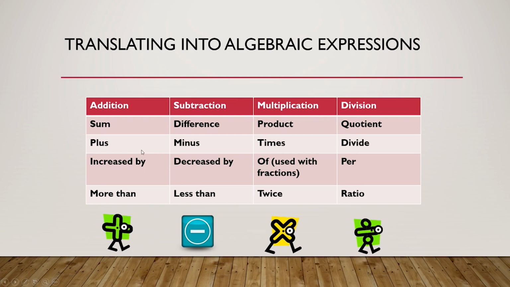And you already know plus, minus, times, and divide. Some of these are obvious. "Of" you would always translate into multiplication.